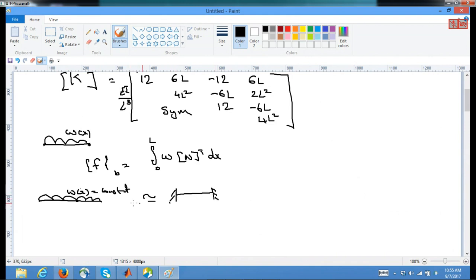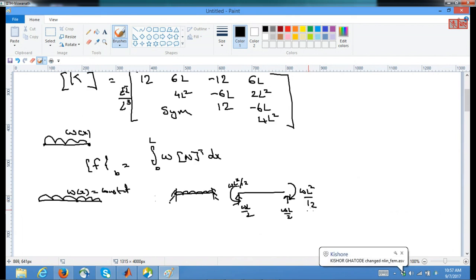So I will come to that. The equivalence is not this one. So what we said was, we took a fixed beam, and if you have a constant load, the reaction forces for this is given by these, and these are the reaction forces.